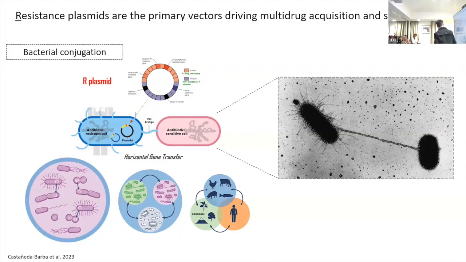The bacterial donor, the bacterium that carries the plasmid, is able to transfer the plasmid to other cells when they coexist. Genes move from bacterial populations to microbial communities, and between microbiomes. That is the most successful mechanism to share and evolve antimicrobial resistance.